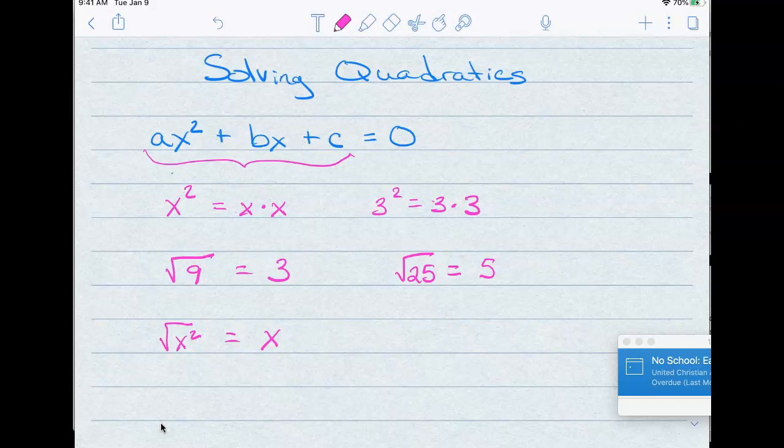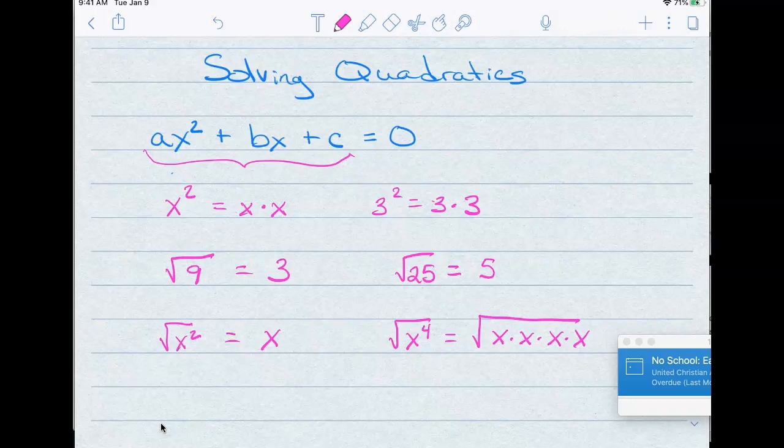Okay, well, what if we did something a little more complicated? How about something like x to the 4th? Well, we know that x to the 4th is simply x times x times x times x, right? So when you're looking for the square root, you're looking for things that are multiplied by themselves in pairs.